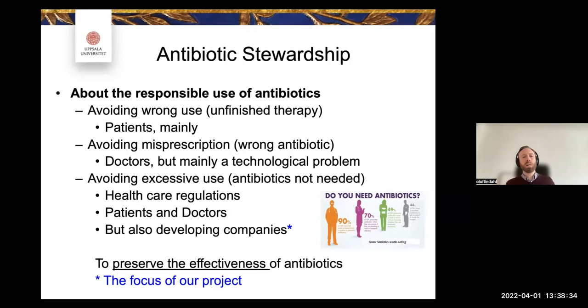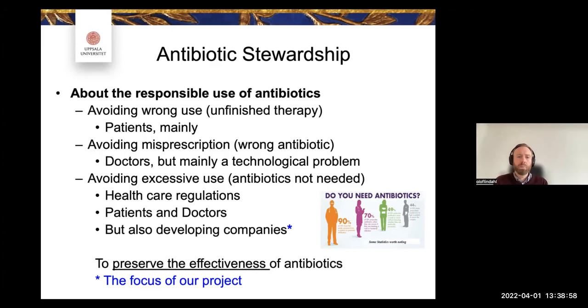So you can come at stewardship from different directions, from different angles. It's about us as patients finishing our therapies and not flushing half the dosage down the toilet or something like that. It's about avoiding misprescription, which could be a diagnostic problem at doctors' facilities.